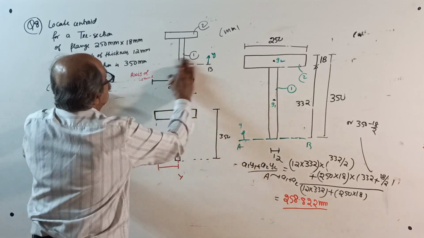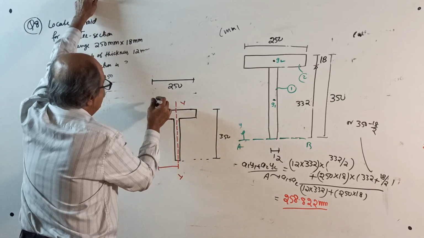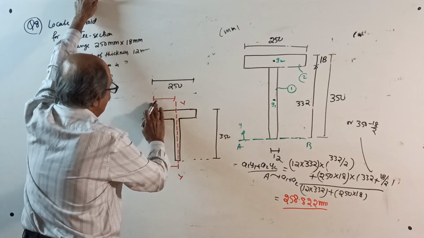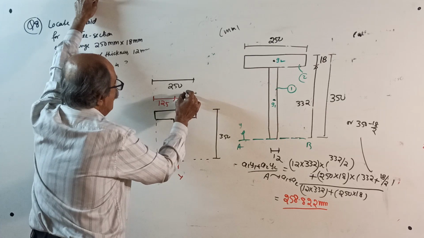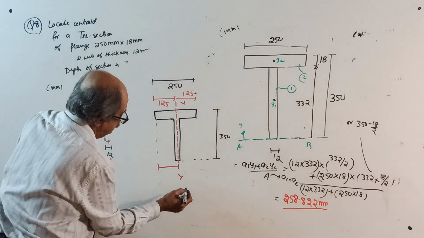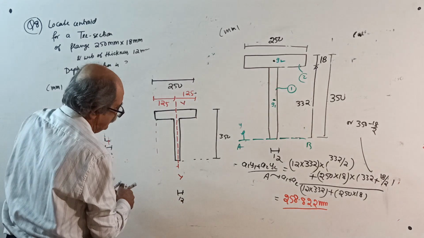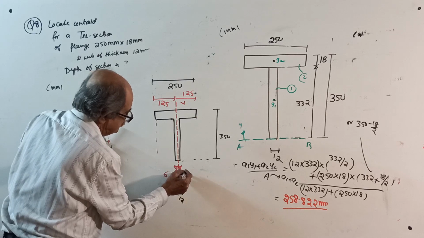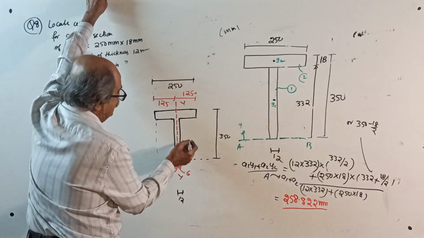This is 250 by 2, that is 125. This is 125, this also 125. This thickness is 12, so each of them will be 6 and 6. Okay, for information. But Y bar 258 will be somewhere here.